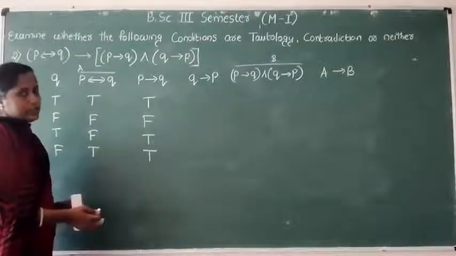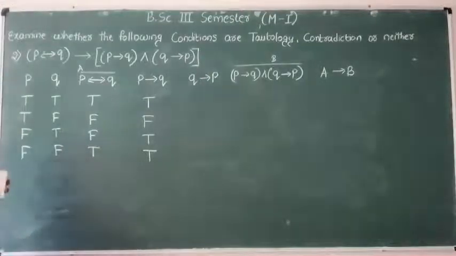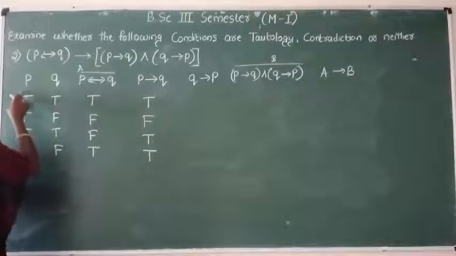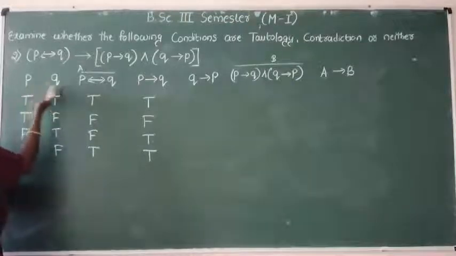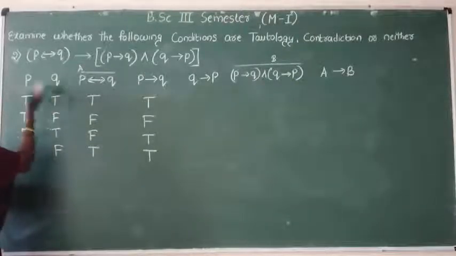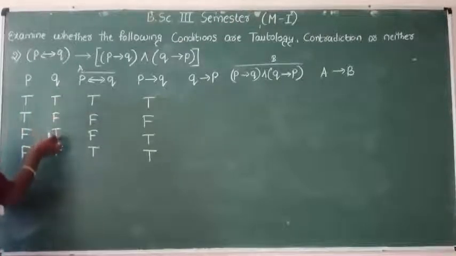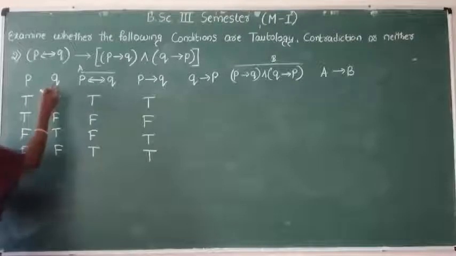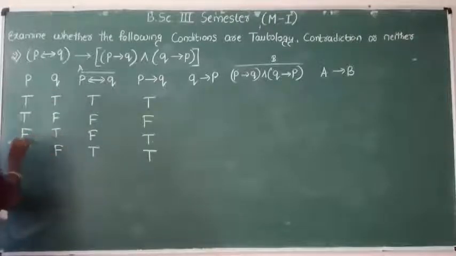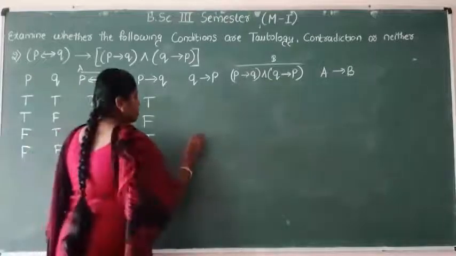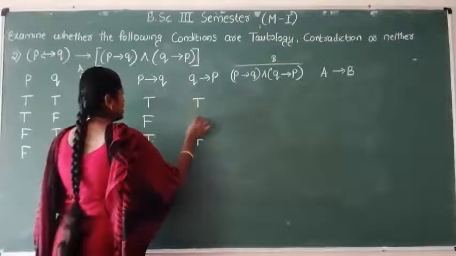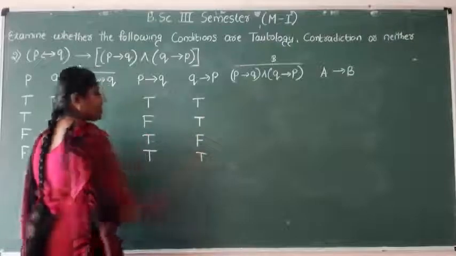Next, Q implies P. That is the converse. Right? Q implies P, you have to write this time, first Q then P. First condition true, true, true, then false for the third option. True, false gives false. In other cases, it is true.